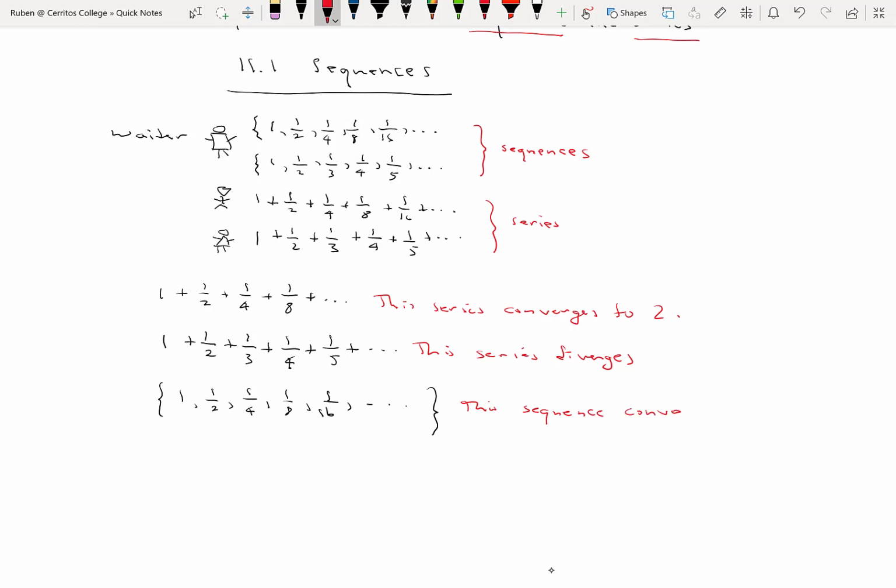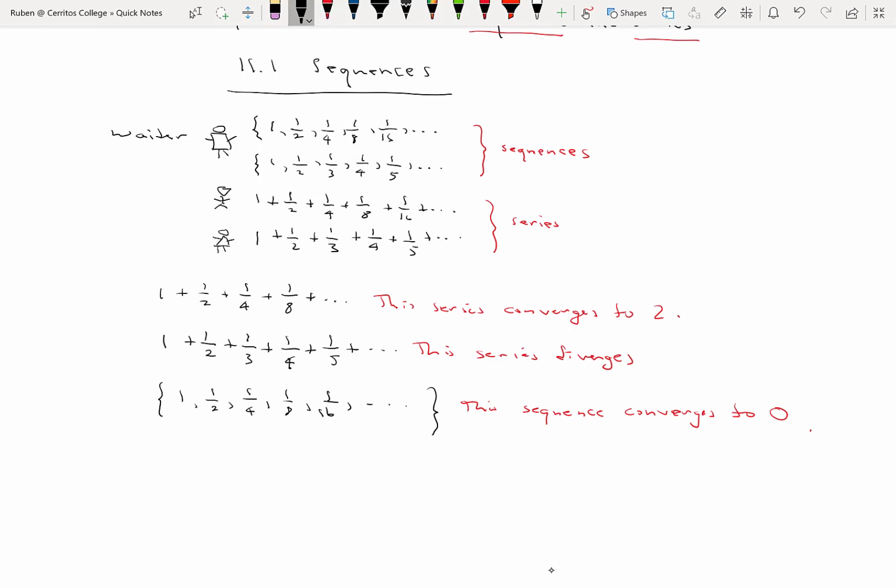Remember, in a sequence, we don't add up the terms. We just look at the size of the terms as we add more. We insert more and more terms into the sequence, and each of the slices of pizza is getting infinitely small as we move on.